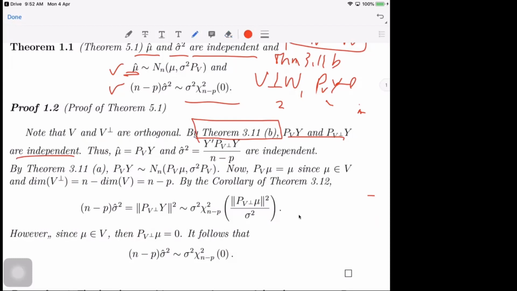You have to pass through the concept that you have to show that the off diagonal of the covariance of PvY and the projection of y onto b perp is 0. Okay? Okay po. Okay, ma'am.